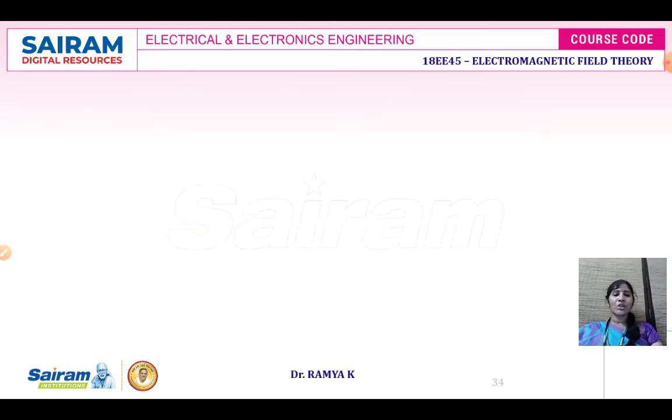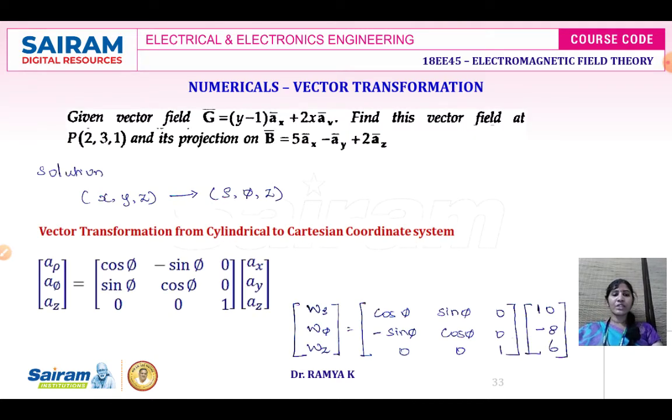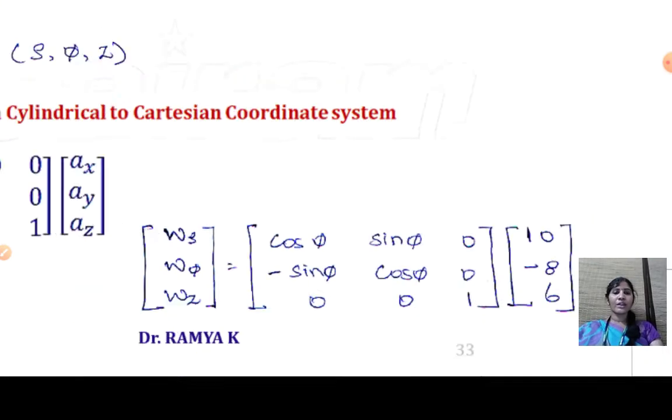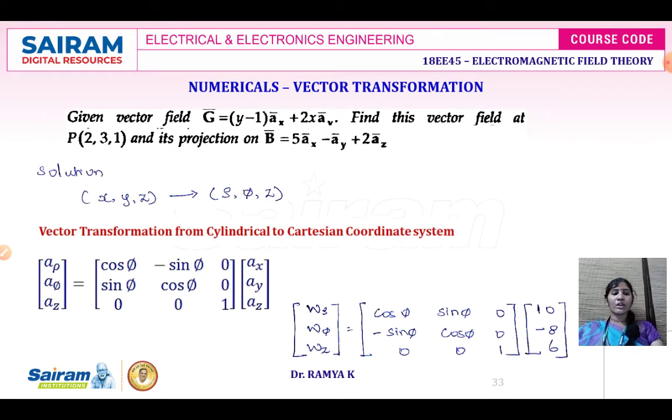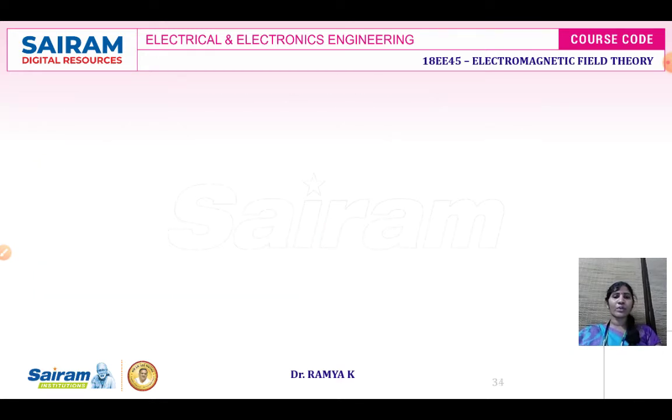From this: cos phi, sin phi, 0, minus sin phi, cos phi, 0, 0, 0, 1, and you have to keep the constants, that is 10, minus 8, 6. We need to place them according to the problem.